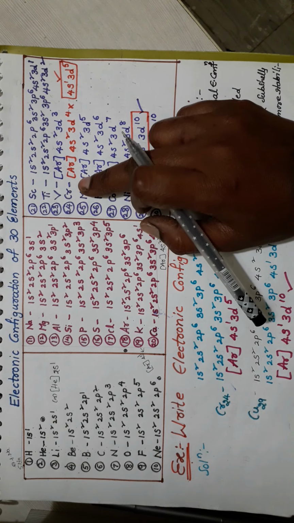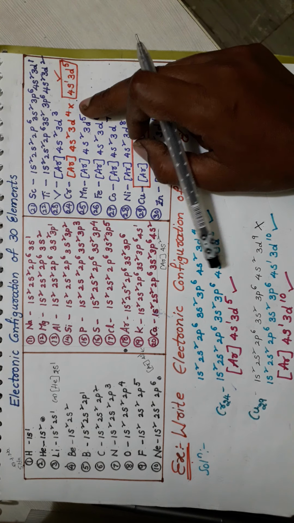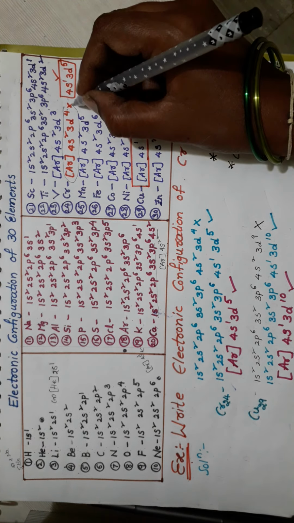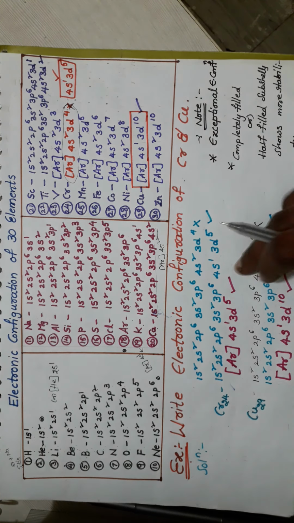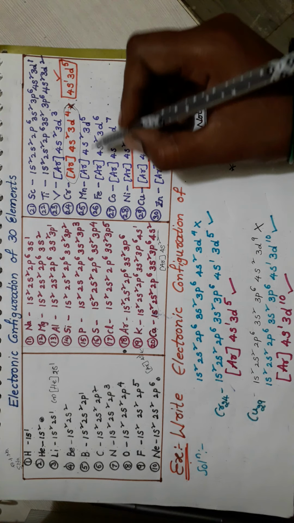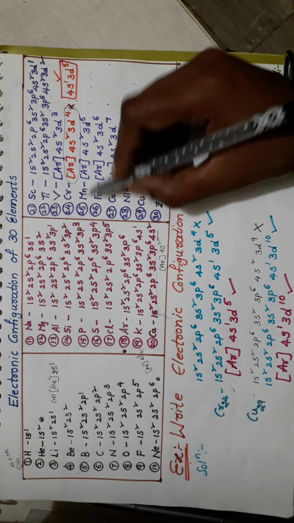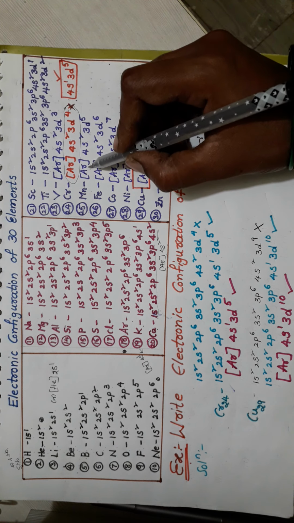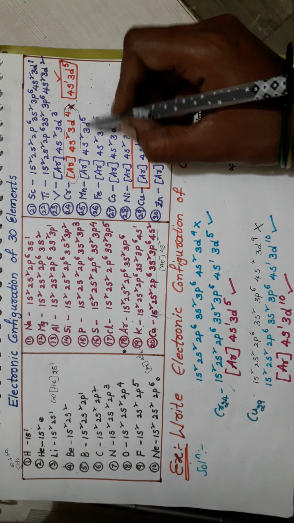But if you take chromium, this is not possible. Argon 4s2 3d4, this is the general electronic configuration, but it is wrong. Why? I will tell later. Okay, next manganese, atomic number 25: argon 18 you already know very well, 4s2, 18 plus 2 is 20, 20 plus 5 is 25, so it is satisfied.